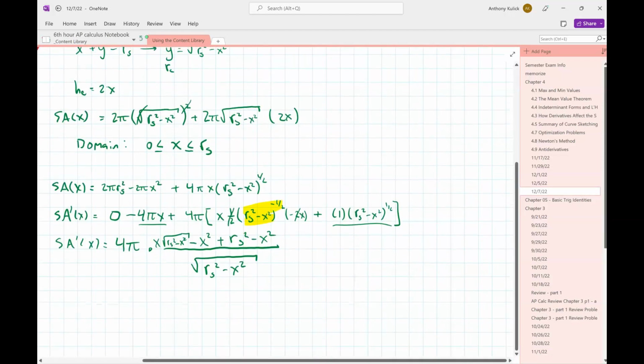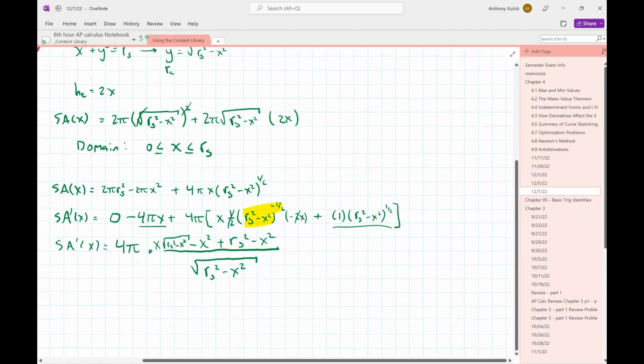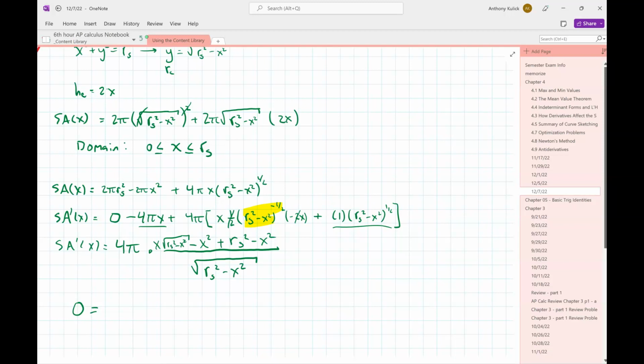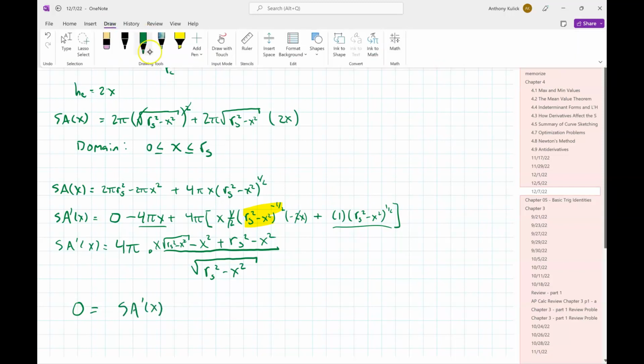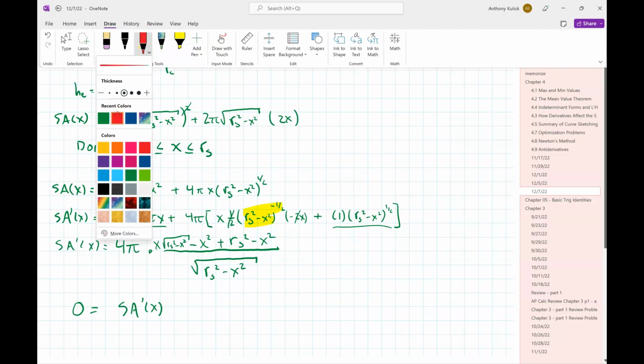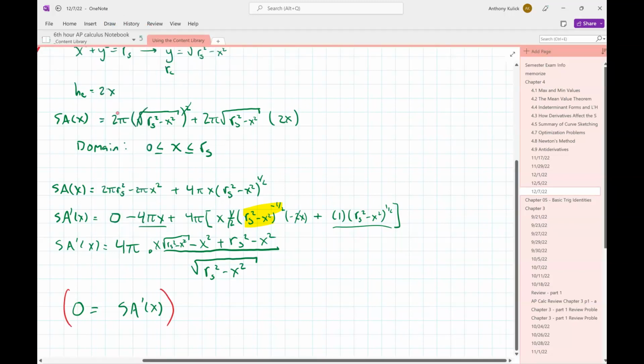All right. So set it equal to 0. I'll notice that the denominator can't really be equal to 0, right? Write it this way. So I'm just going to multiply both sides by r squared minus x squared square rooted over 4 pi.